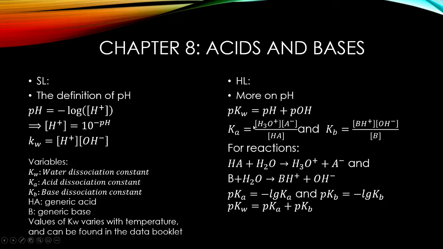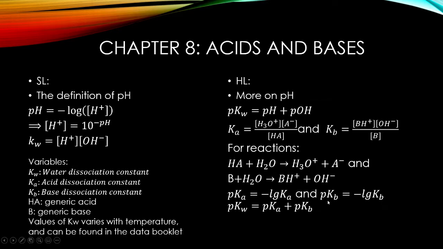For example, a weak acid could have an equilibrium constant of 10 to the minus 20, which would be a pretty weak acid. Now the pKa of this would then be 20. So the lower pKa you have, the stronger the acid, and the lower Ka you have, the weaker the acid. So they're kind of opposite.